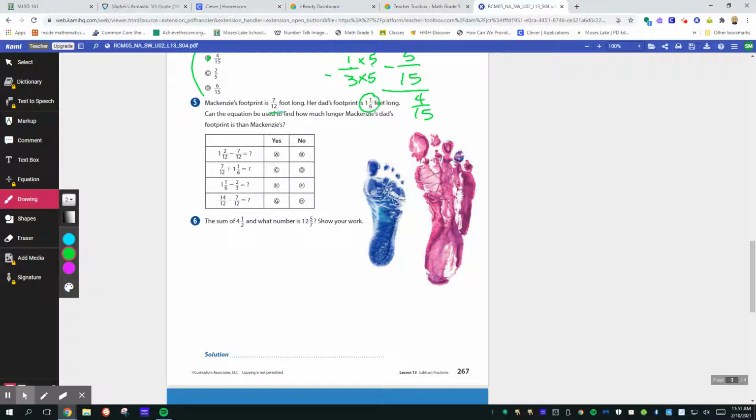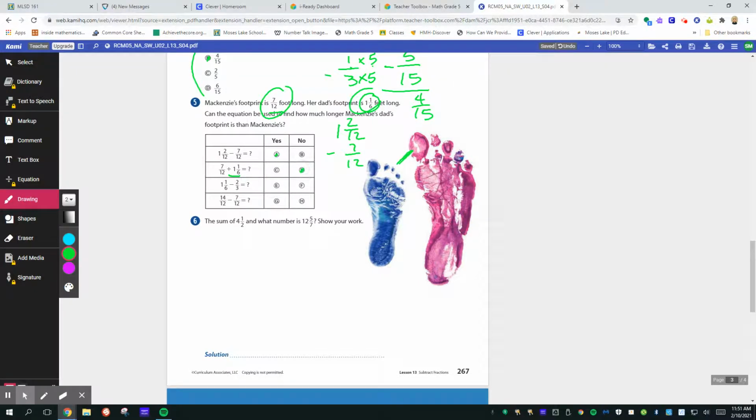To get that into 12s, we'd have to say 1 2/12, right? Subtract 7/12, which is basically what we're going to do. So can we do 1 2/12 minus 7/12? Yeah, that is it. Can we say 7/12 plus 1 1/6? Can we add these to get the difference between these two?